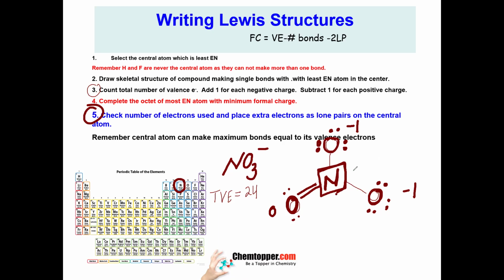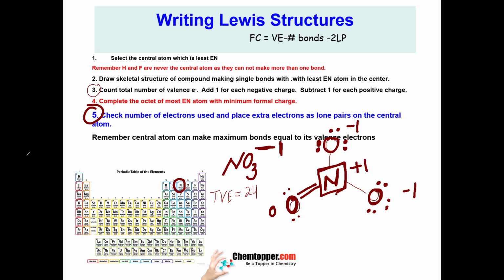Check nitrogen again, all of you. 5 valence electrons and 4 are in the bonding, no lone pair, so it is +1. And that is the reason nitrate has 2 oxygens with -1, but still the net formal charge is -1.